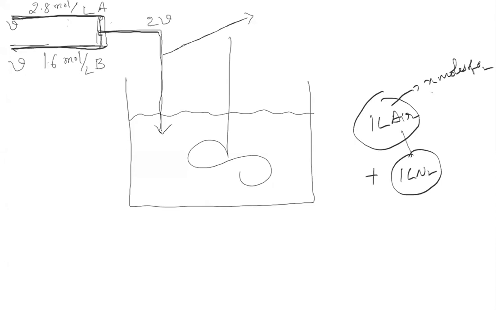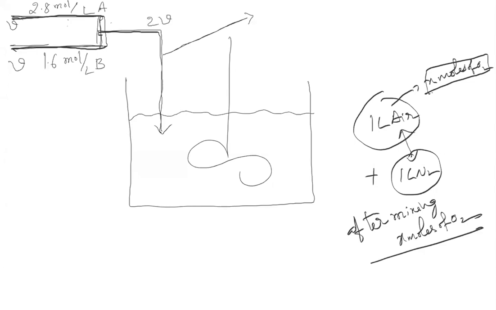When you mix these two, the moles of oxygen don't change, but the volume will increase. After mixing, the X moles of oxygen will remain as they are because you are not adding any new oxygen, but the volume will become 2 liters. Clear? So the concentration will become half.